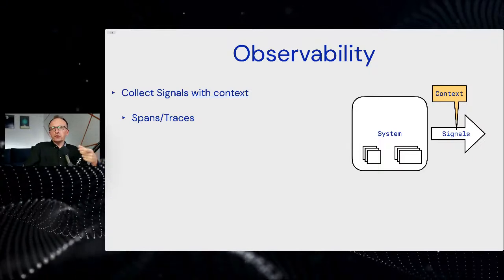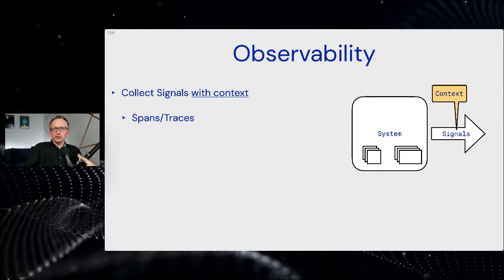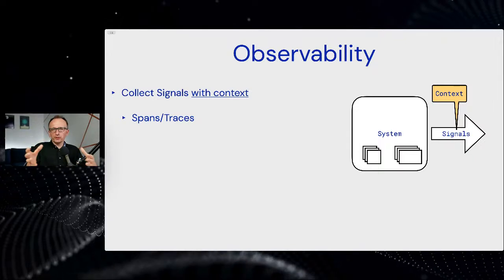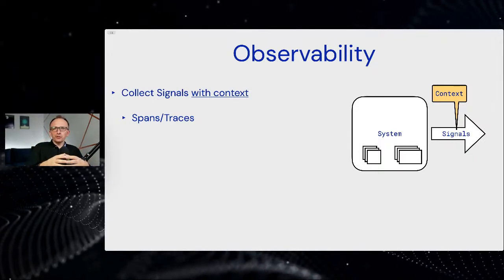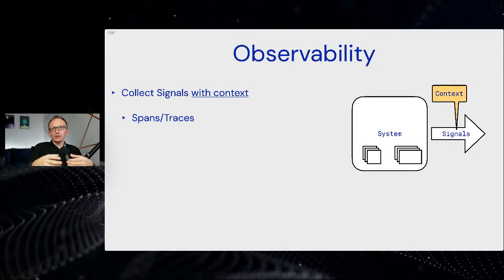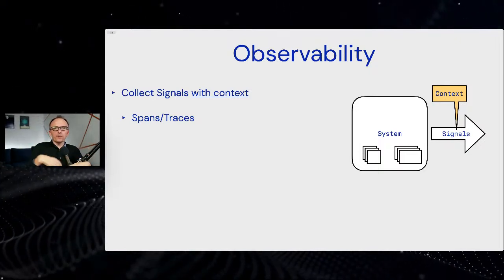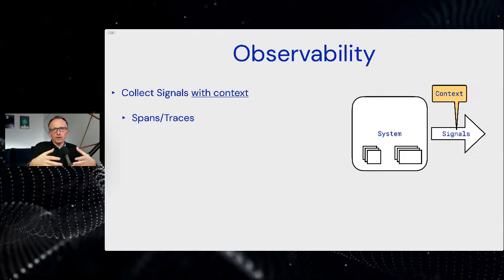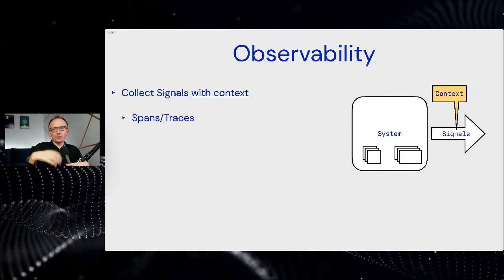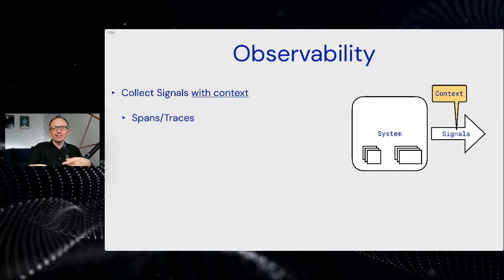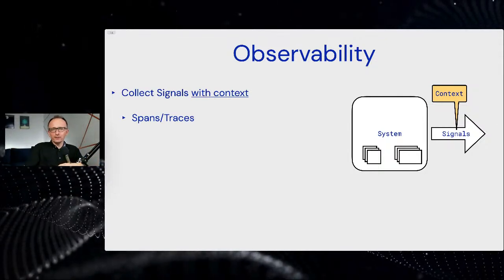So, what kind of signals do we have in observability? We have spans or traces. A span is a unit of work performed by your application. This could be accepting your request, performing some internal logic, like transforming your data, or communicating with some other service.